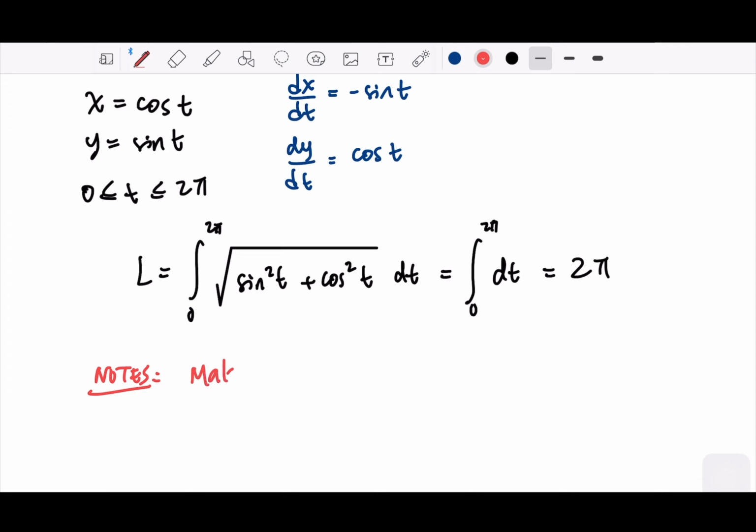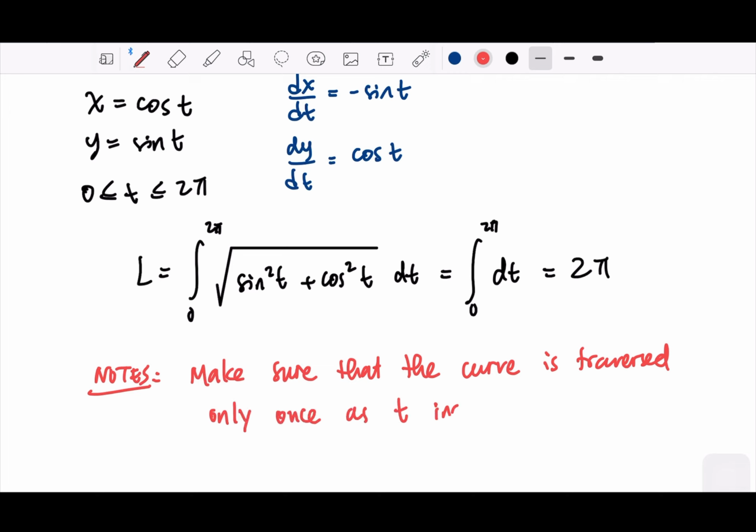Make sure that the curve is traversed only once as t increases from, let's say, alpha to beta.